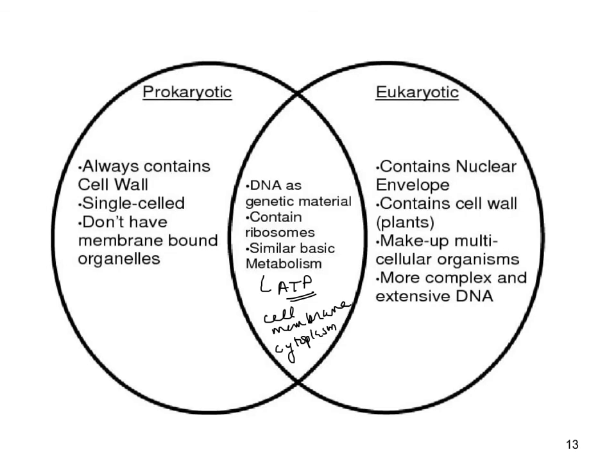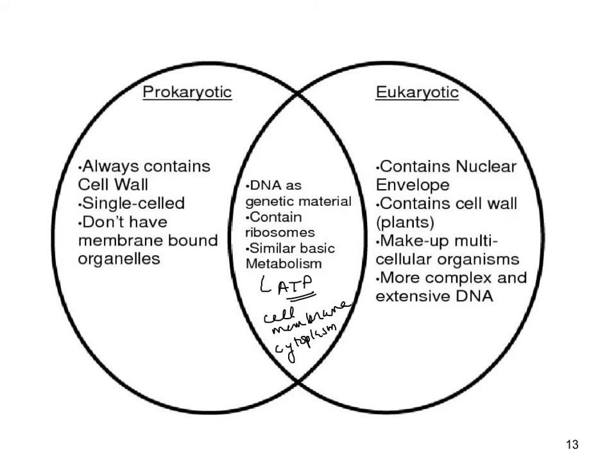Something that prokaryotes have, they always or almost always contain cell walls. They're single-celled, and they don't have membrane-bound organelles. In other words, they don't have a nucleus, they don't have mitochondria. Eukaryotes do have a nucleus, so we could say they contain a nuclear envelope. That's the membrane for a nucleus.